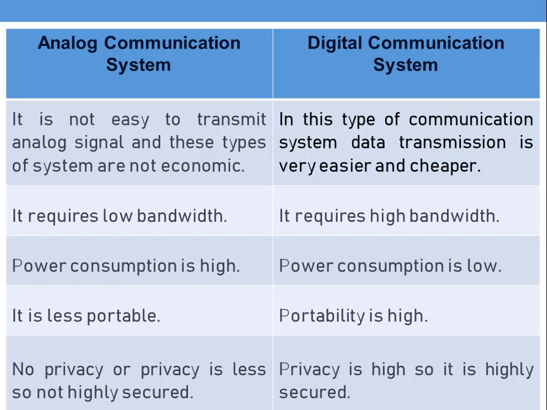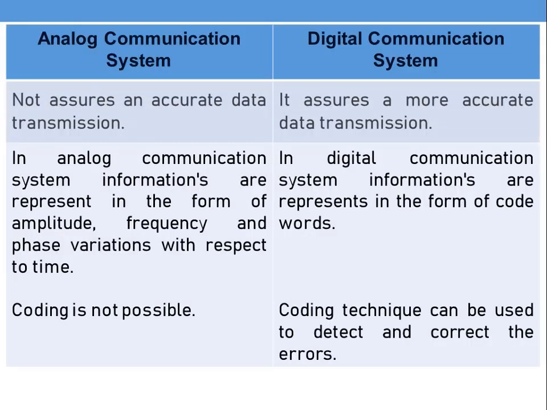Analog communication systems are not highly secured because of no privacy, but digital communication systems are highly secured because the privacy level in this system is very high. Similarly, analog communication systems do not assure accurate data transmission, but digital communication systems assure more accurate data transmission.